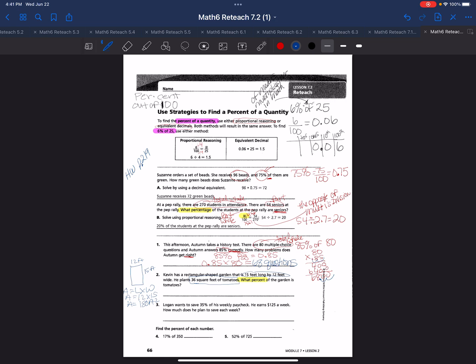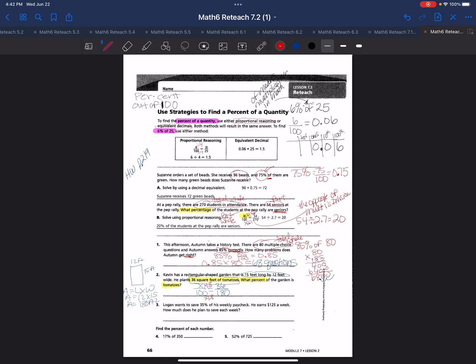The way I set it up is what percent? I don't know the percent, so it's something over 100 equals part over whole. If he plants 36 square feet of tomatoes, I want this as my part, so 36, and then my total is 180. So 100 times what is 180? I'm multiplying that by 1.8, so I must multiply this by 1.8.